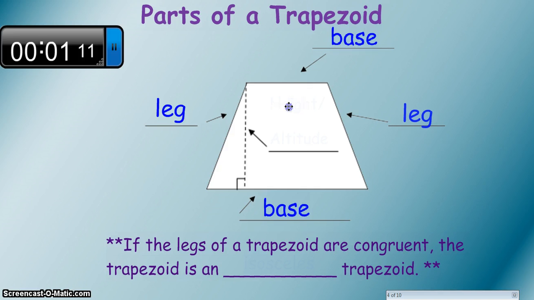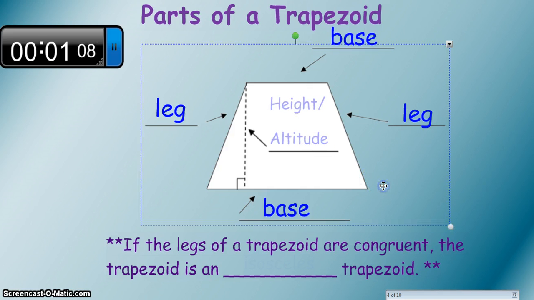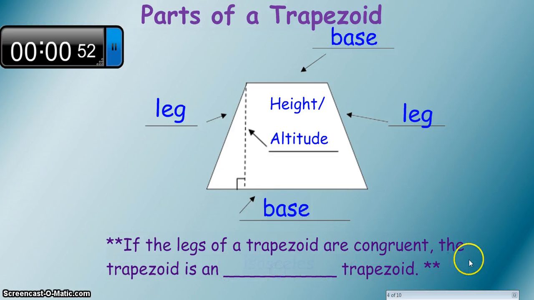And the final thing to note is that the height or the altitude of a trapezoid is going to be the distance from the base top to the base bottom. If the legs of a trapezoid are congruent, then the trapezoid is an isosceles trapezoid. And isosceles, remember, from isosceles triangles, means that the two legs are the same.